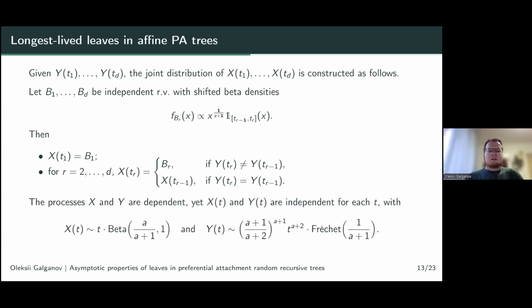What's rather interesting is that as processes, X and Y are dependent, but if we fix one moment of time, X(t) and Y(t) are independent, and X is just a scaled beta random variable, and Y is a scaled Fréchet random variable.